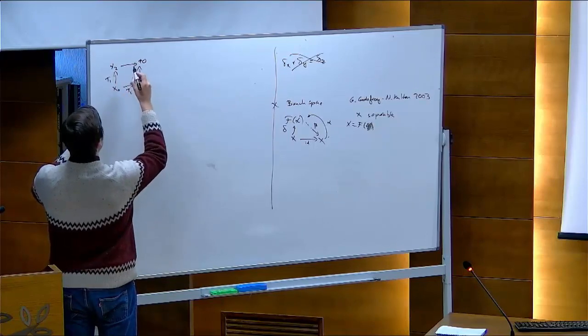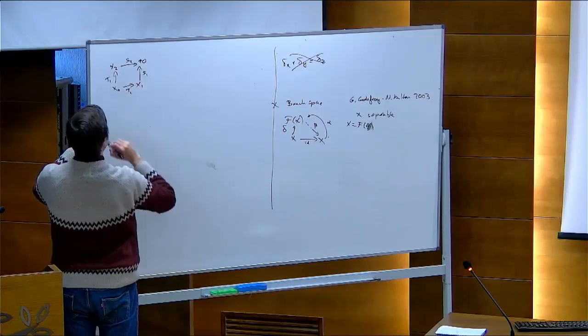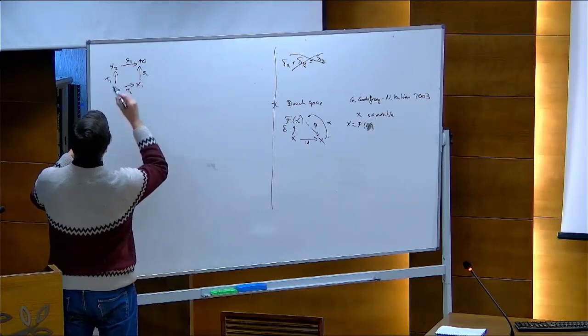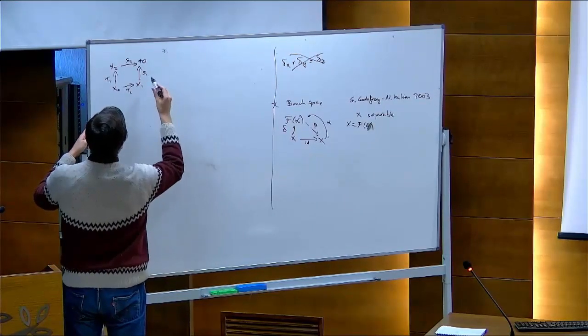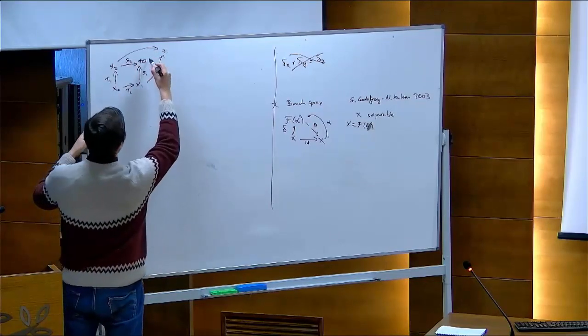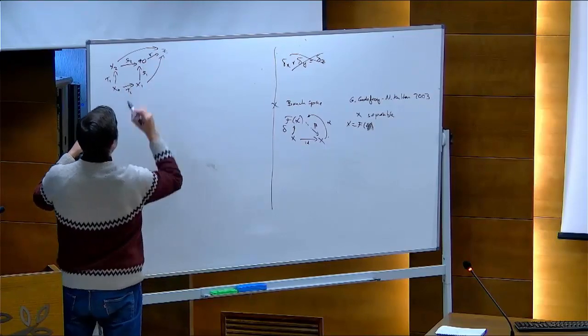I want an object which allows me to complete this diagram in a universal way, so that, as Jesus pointed out this morning, if I had another Banach lattice and maps which make this commutative, then necessarily there must be some linear map making everything commutative, right?